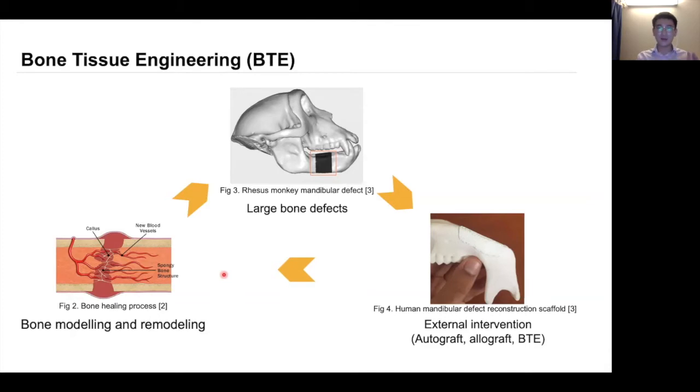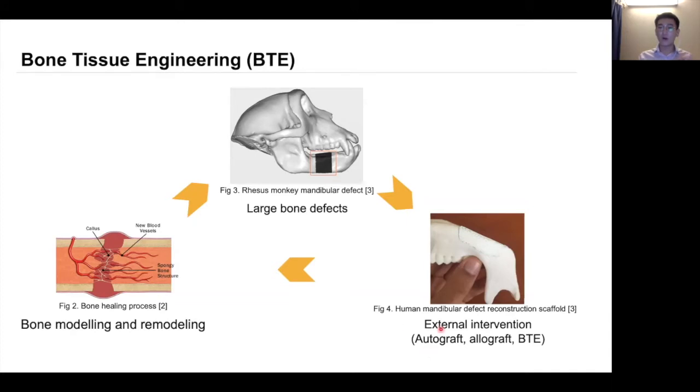Despite these capabilities, in cases of large bone defects, where the bone would take a prolonged period of time to heal or even couldn't heal at all, these are the times that we need external intervention, including autograft and allograft. These two are the more developed and established treatments over the years, but they have their own limitations as well.